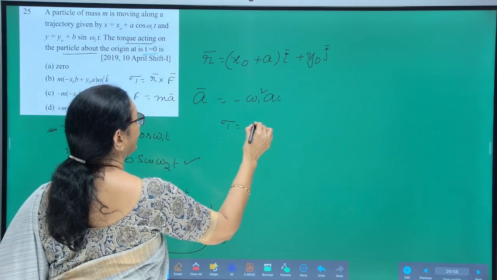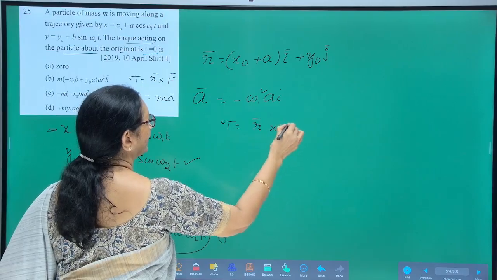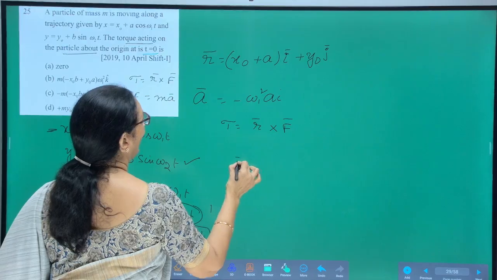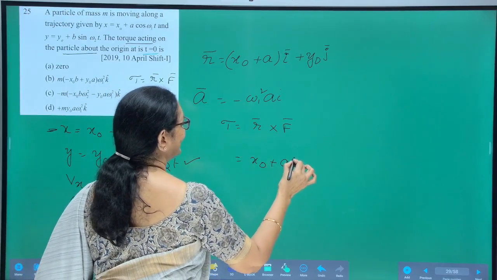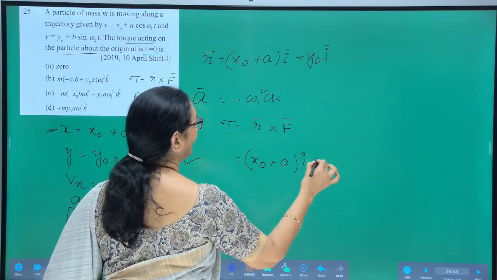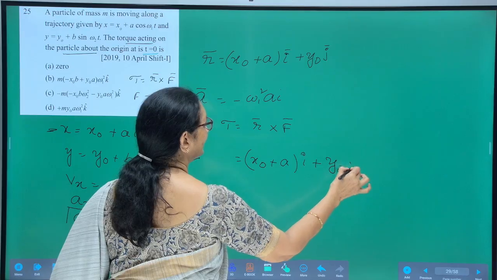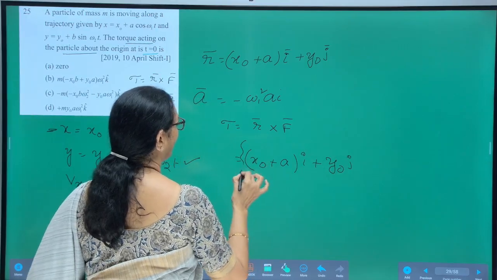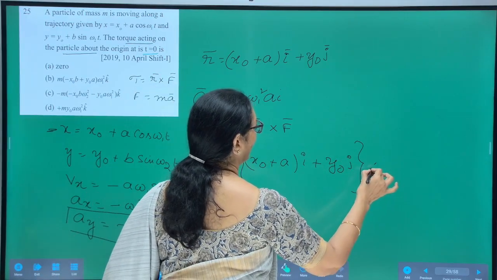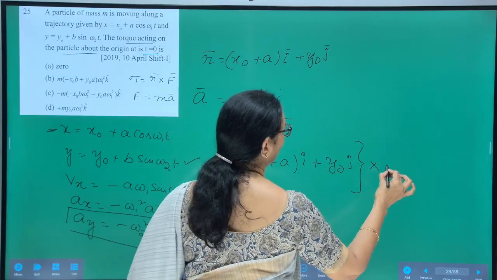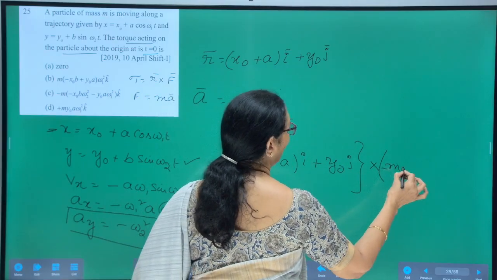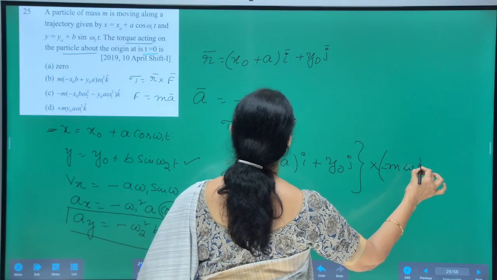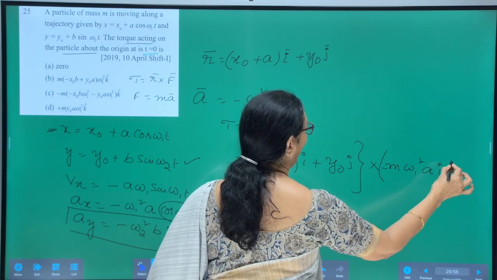Torque is equal to r bar cross f bar. R bar is equal to x naught plus a into I bar plus y naught j bar, cross m, because minus is there, minus m omega 1 square a I bar.